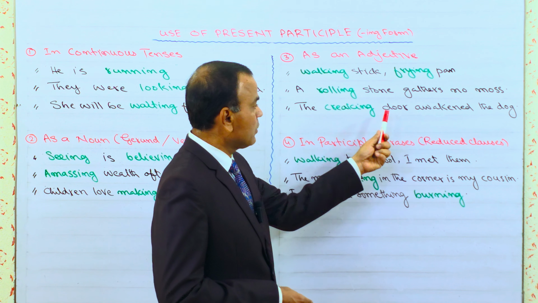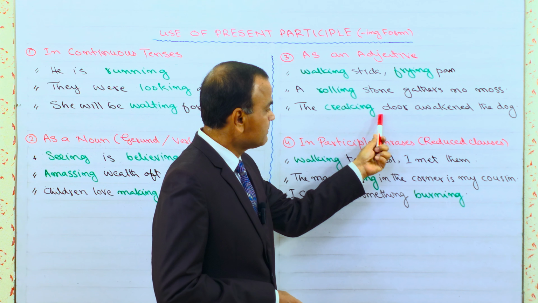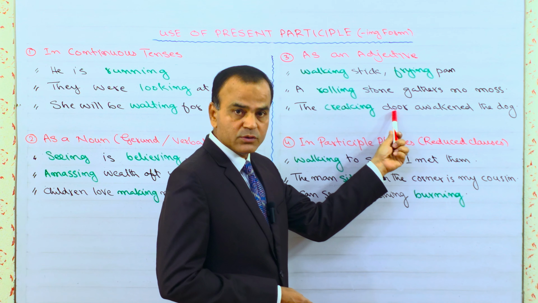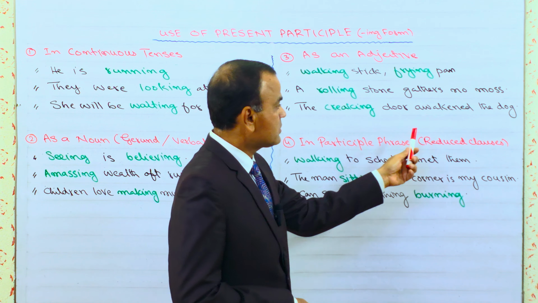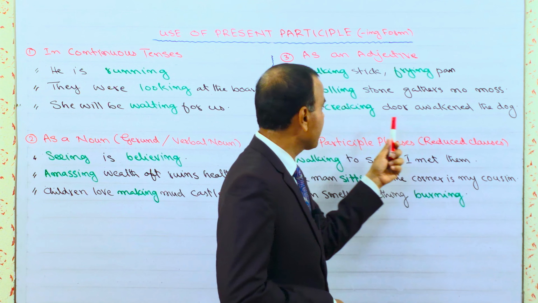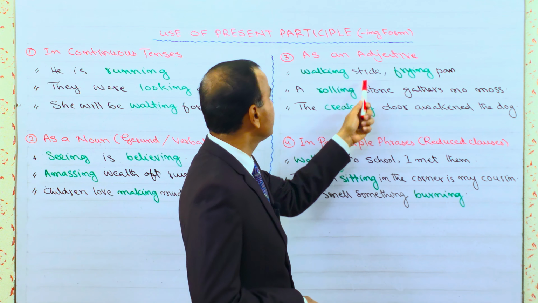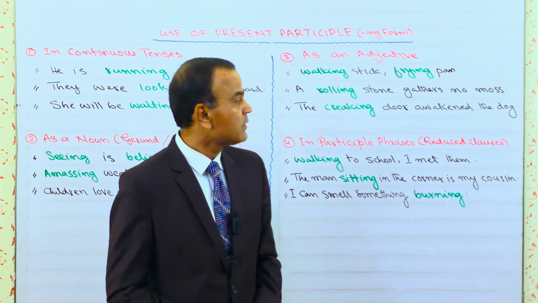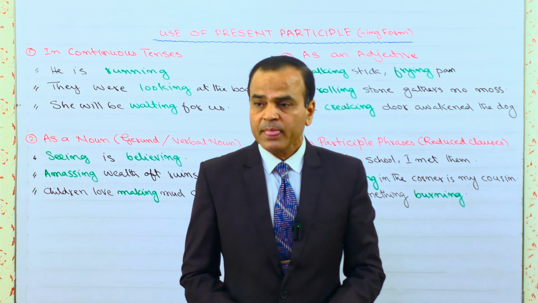The creaking door awakened the dog. Here, creaking is qualifying the word door, which is a noun. So we will say it is an adjective. This is the third use of the ing form of the verb.